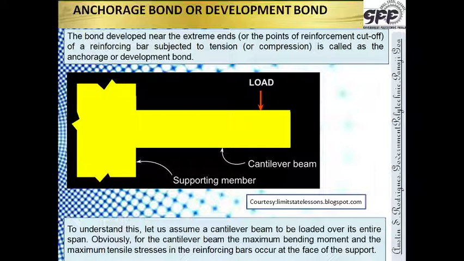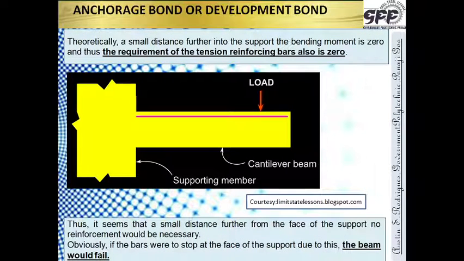And when the bending moment is 0, the design requirement of reinforcement beyond this point is 0. I don't need any reinforcement over there.